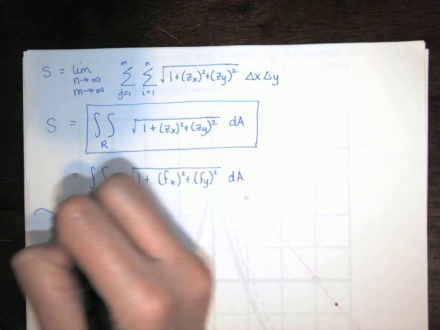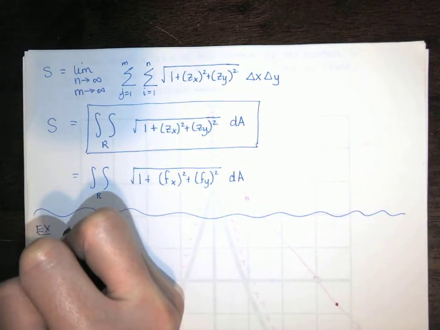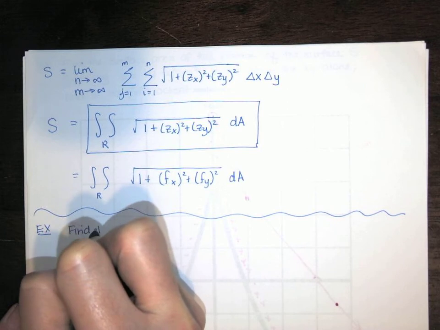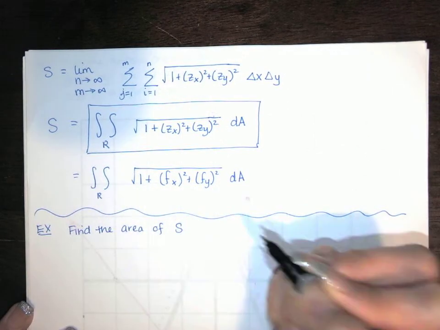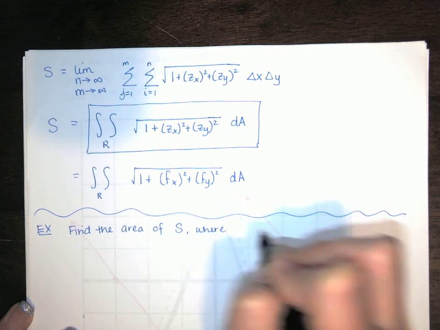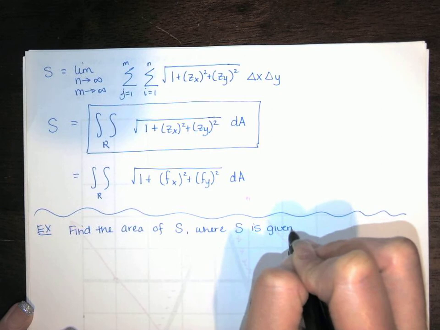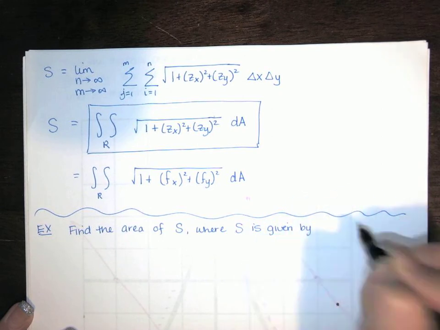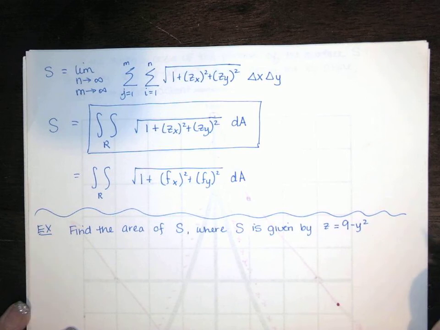Let's say I want to find the area of the surface where the surface is given by z equals 9 minus y squared.